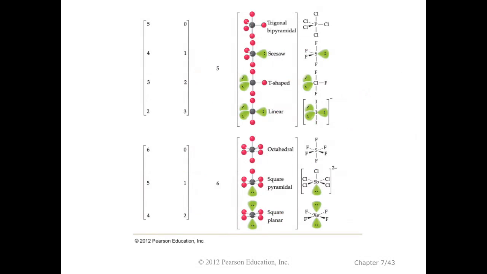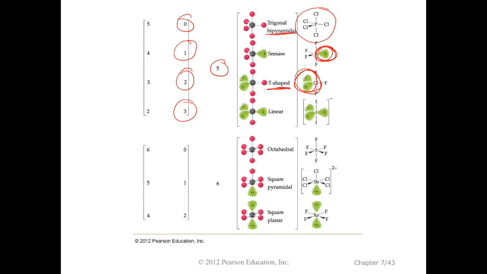All right, moving on to the 5 series. You can have shapes or molecules where you have 0, 1, 2, or 3 lone pairs. For the 0 lone pair, you have trigonal bipyramidal, then it goes to seesaw with 1 lone pair, 2 lone pairs, it's now T-shaped, and 3, it now goes to linear.